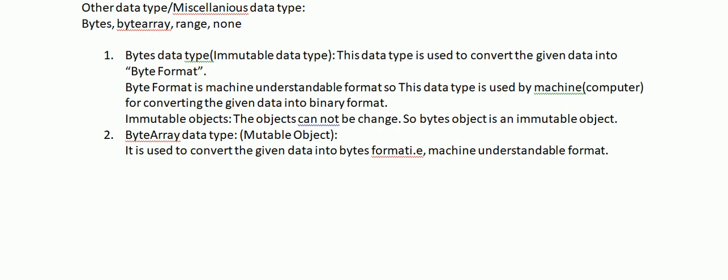So what is a mutable object? It means we can change the given data, or we can modify the existing data with new data. So mutable objects means the index value can be changed.